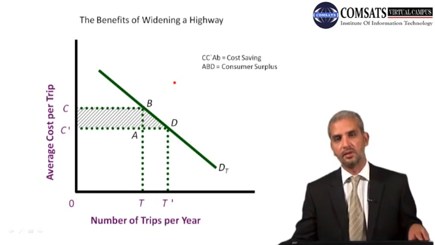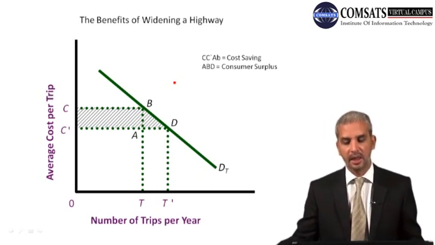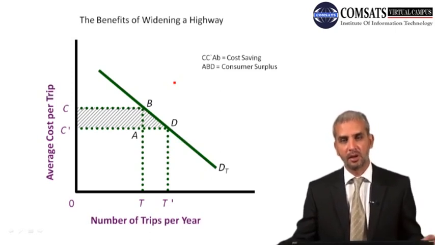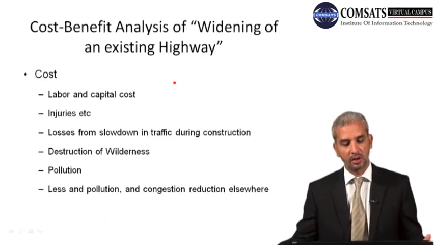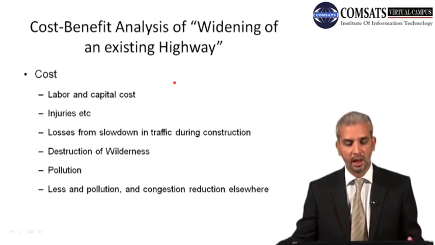If that difference is positive, then you have a consumer surplus. And ABD is the area of consumer surplus, so the total benefit in this graph was the sum of consumer surplus and the cost savings. Then we considered the cost of that project, which was rather simpler in this scenario.